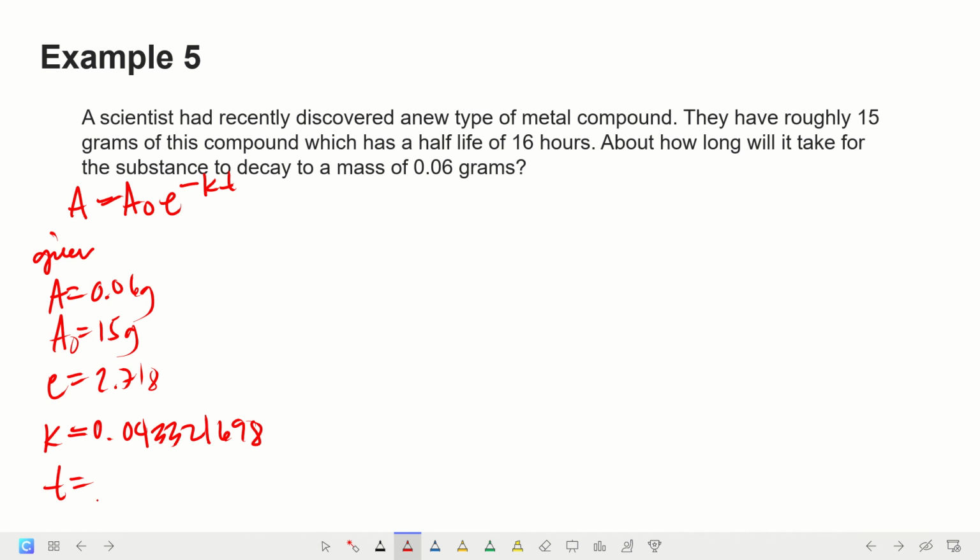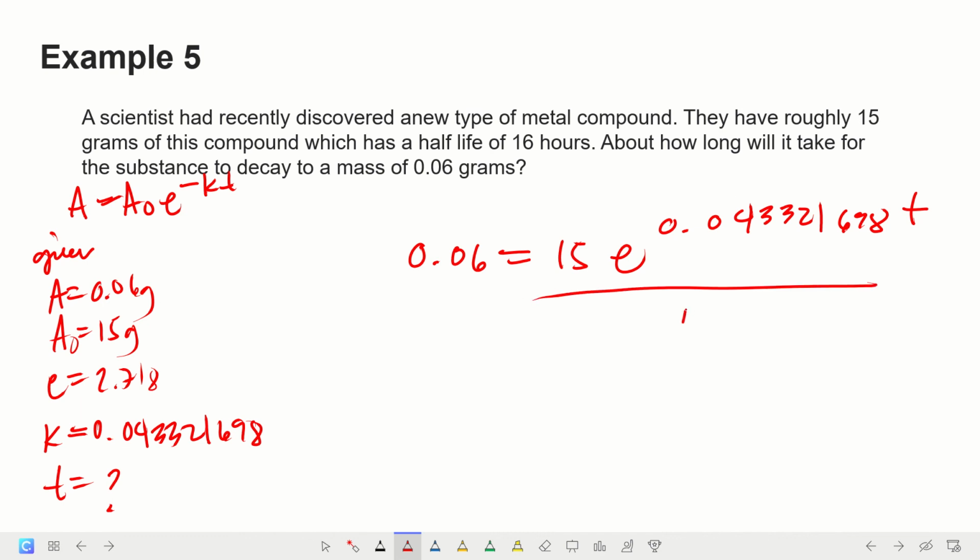So, the time required to reduce our substance to 0.06 grams. Okay, so substitute into our equation. So, a is equal to 0.06 is equal to 15 times e raised to negative 0.04332168 times t. So, divide both sides by 15.